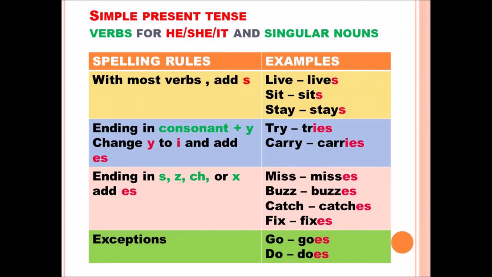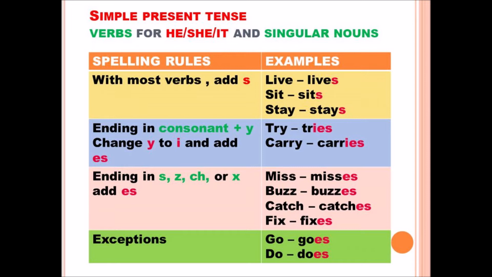Let us see what they are. Ending in consonant plus y, we have to change y to i and add es. What is a consonant? Apart from vowels, the rest of the alphabets are consonants. What are vowels?